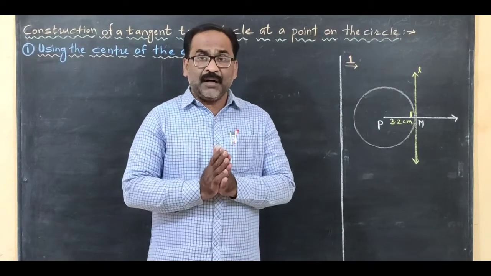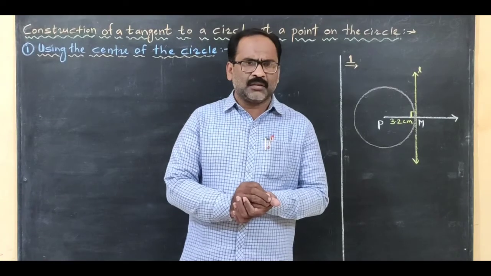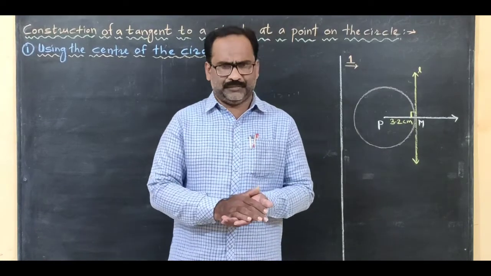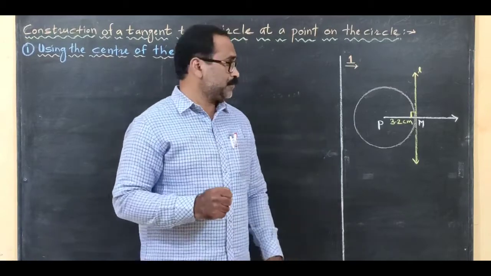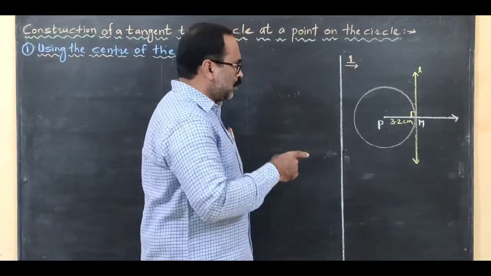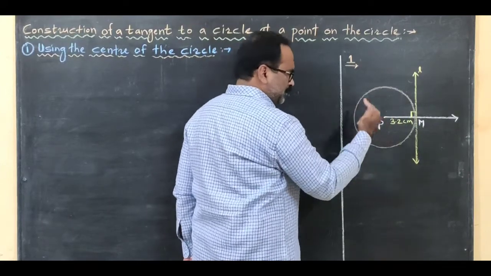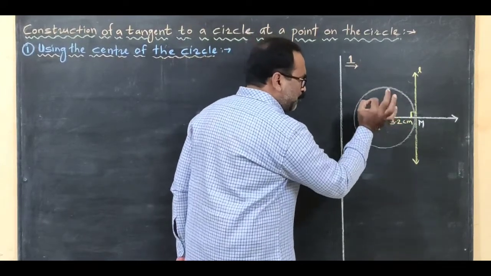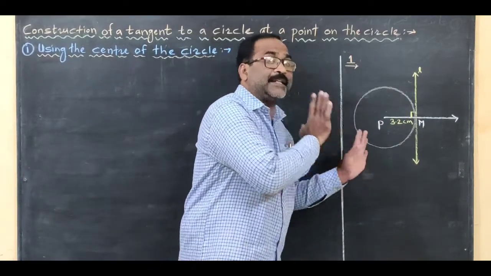First we see how we draw the tangent to the circle. Which theorem do we use here? Here we first draw a circle with radius 3.2 centimeter and P is the center.